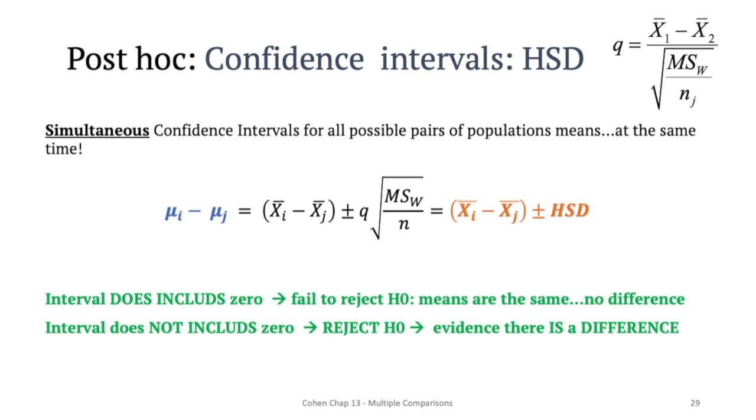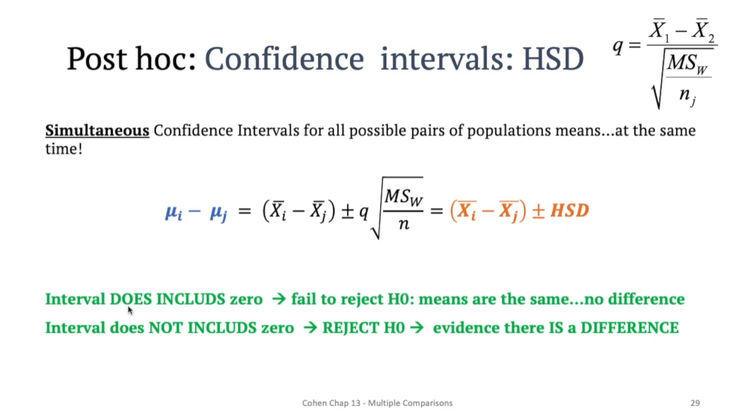You can also use the confidence interval HSD. This again is going to rely on the same Q measure. And you're just going to be plugging in these values. So the difference between the means plus or minus Q, your critical Q, times the square root of these values. And so this part is called the HSD.